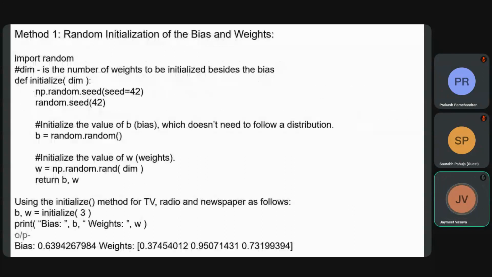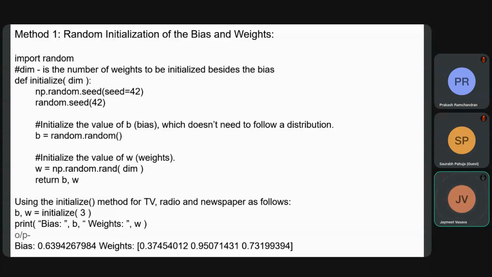So let's start with method 1. We'll be importing random in order to use it further. We'll be defining a function called initialize, which takes the dimensions, that is, the number of weights to be initialized besides the bias.